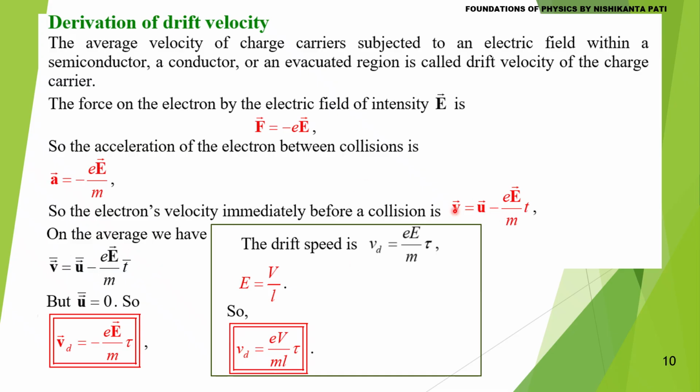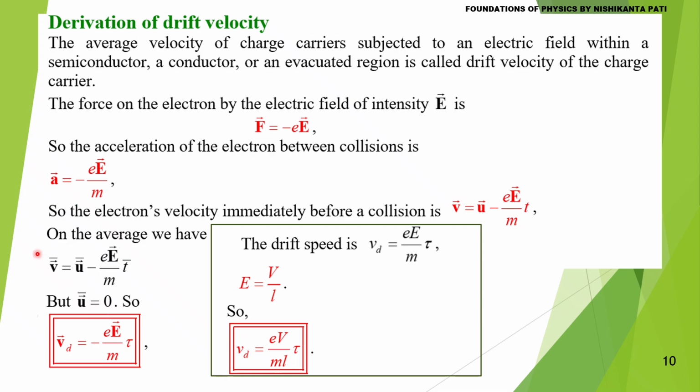If we take the average of this, then v vector average is equal to u vector average minus e E vector by m times t average. u vector is independent of electric field, so u vector average remains 0 always.